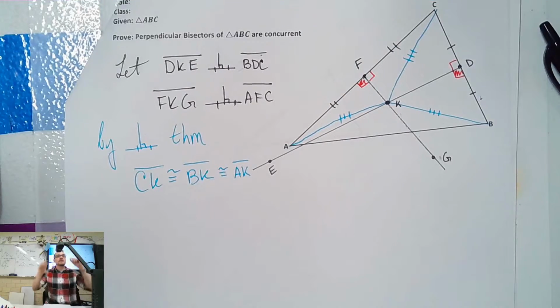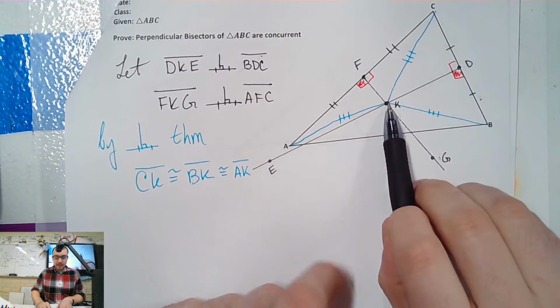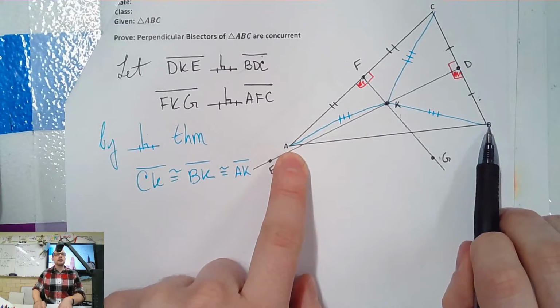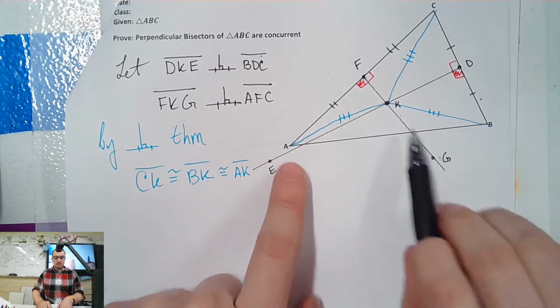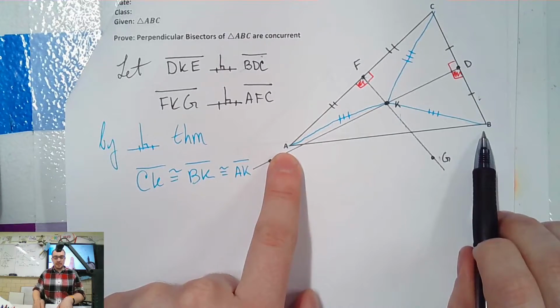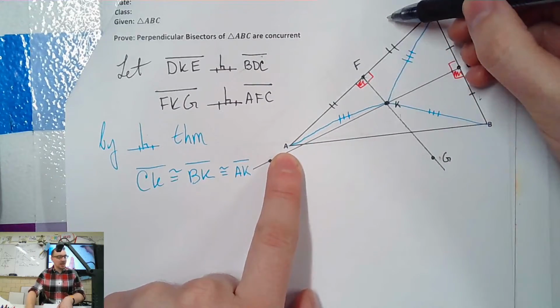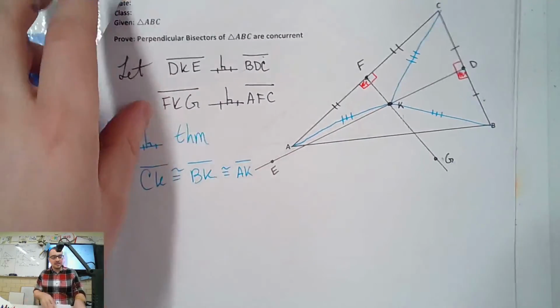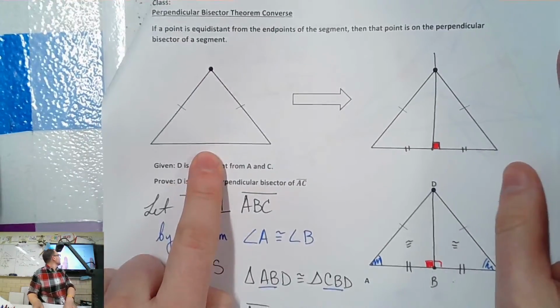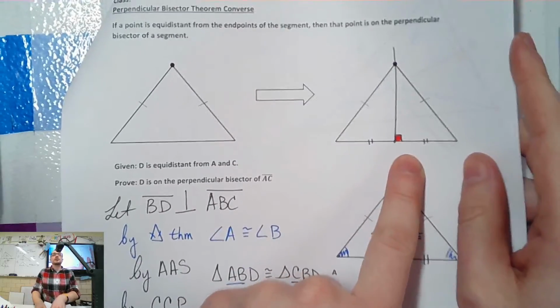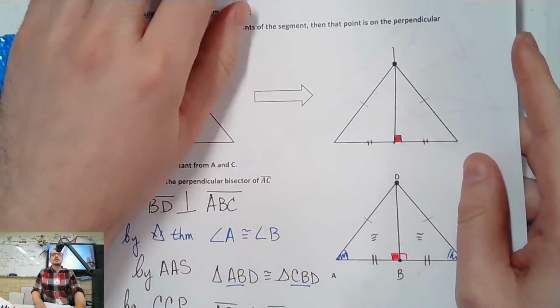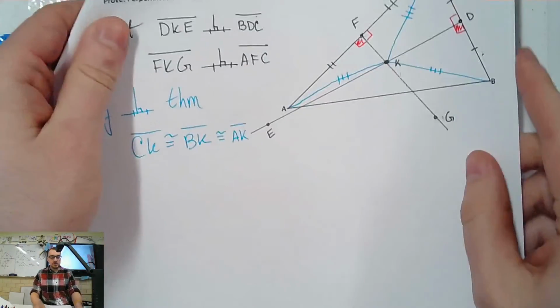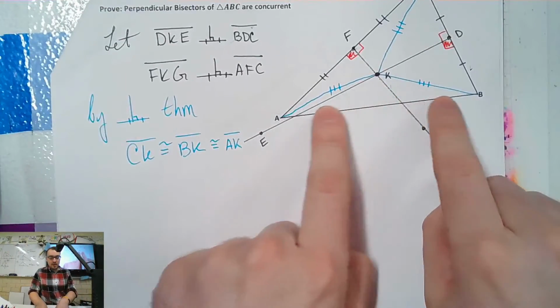Sorry, it's gross. Now, here's the thing. If K is equidistant from A to B, and didn't I just prove that? Then K should be on the perpendicular bisector of this side. If we have this, then that dot must be on the perpendicular bisector, right? Well, I just proved using the other ones that we do have that.